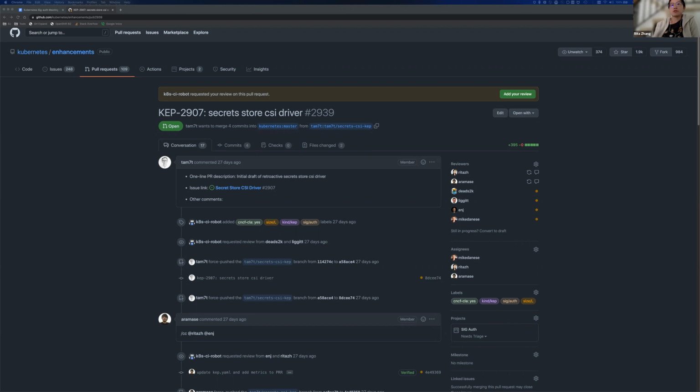So though the driver may go to v1 or GA, the core functionalities, the APIs should also be graduating. However, the specific features may not be going to v1 because some of these are still being tested, or it's a feature flag that people can turn on and off, whereby then go ahead.